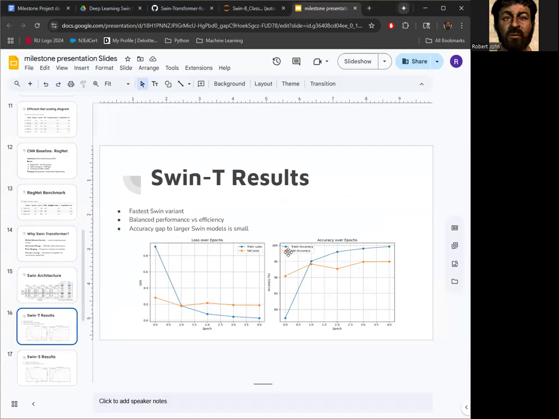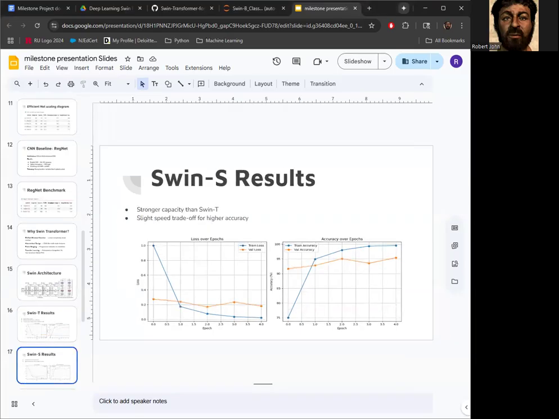On the accuracy curve, we see rapid improvement in the first epoch over here, with validation accuracy plateauing at around 96%. What's important is that the performance gap compared to the larger Swin models is quite small, meaning Swin T delivers the most accuracy at a fraction of the cost.